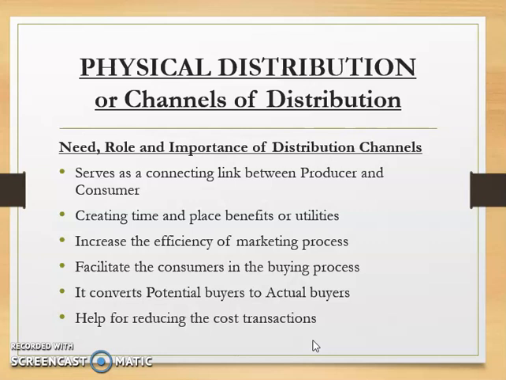But still, you are able to reach the consumer only with the help of the channel of distribution. If the product is not available, there is a stock out in the shop, it means there is a problem in the physical distribution, means the channel of distribution. So it is the major part where the marketing has to take care in the physical distribution.